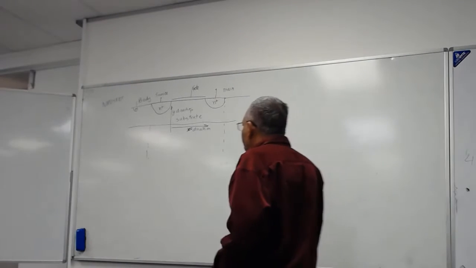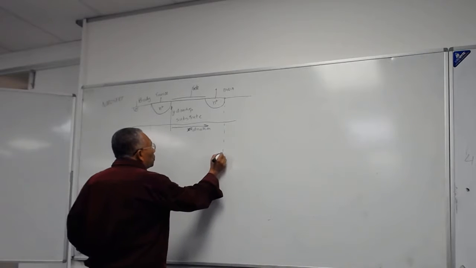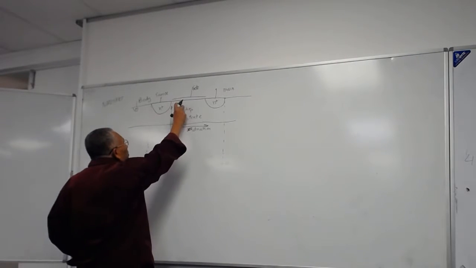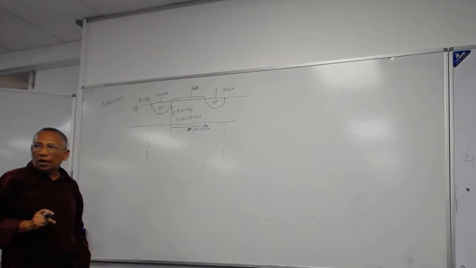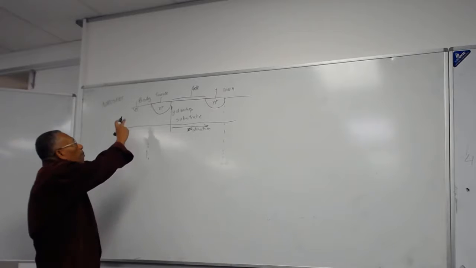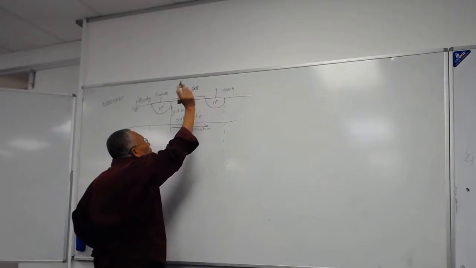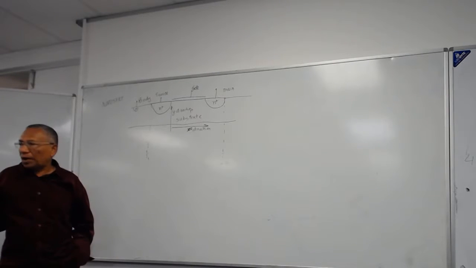So as you go along the X direction, you see N, then you see a P, then you see N. Correct? And you haven't applied any voltage initially. You have no voltage here, no voltage here, no voltage here. Everything is just in equilibrium. Nothing is applied.